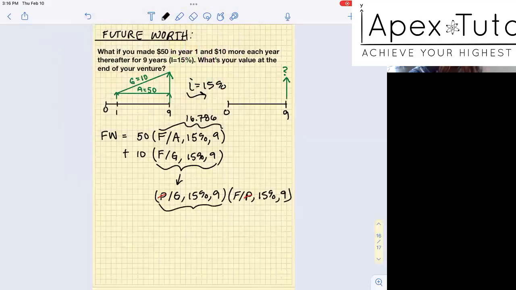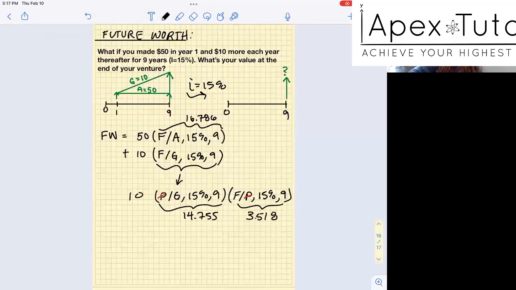So what do you get for that first one? P over G is 14.755. And F over P is 3.518. Okay, and then remember we're multiplying that by 10 still.